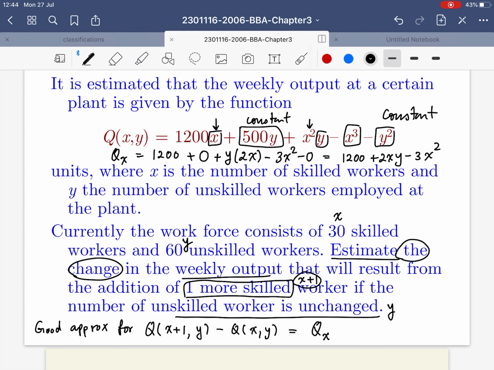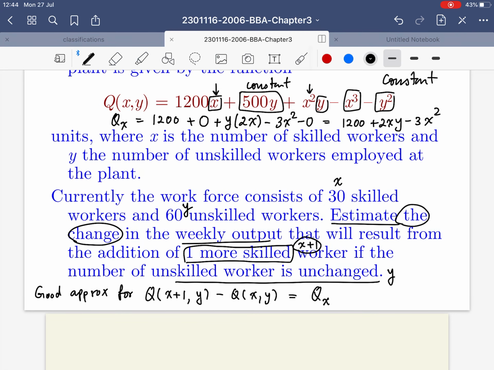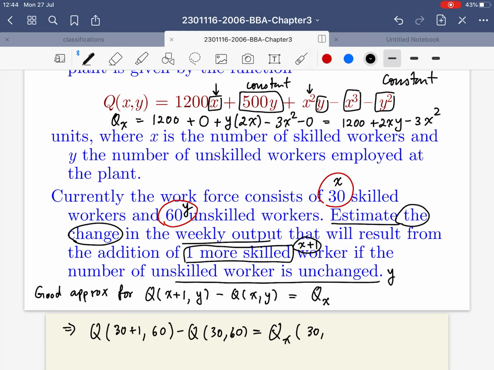But at which level are you going to estimate the change? Right now x is 30 and y is 60, so you are estimating Q(30+1, 60) minus Q(30, 60), which is approximately the derivative with respect to x of Q when x is 30 and y is 60.